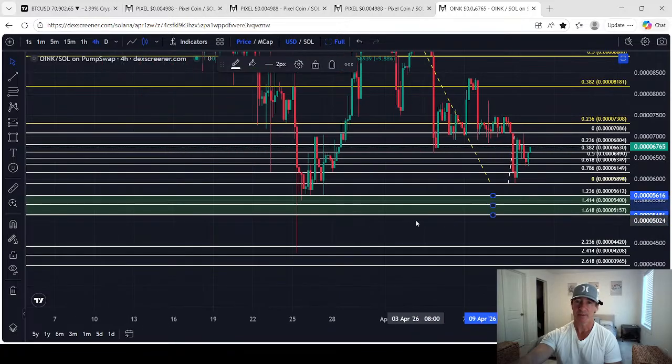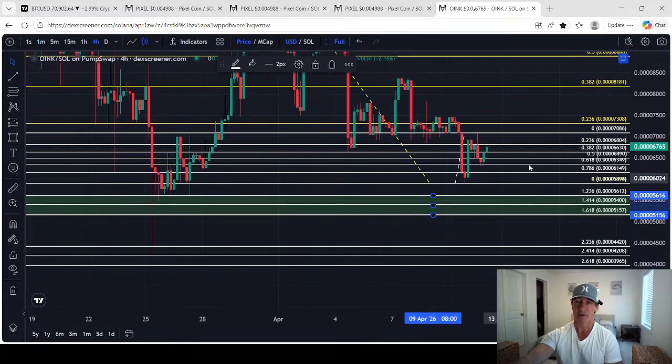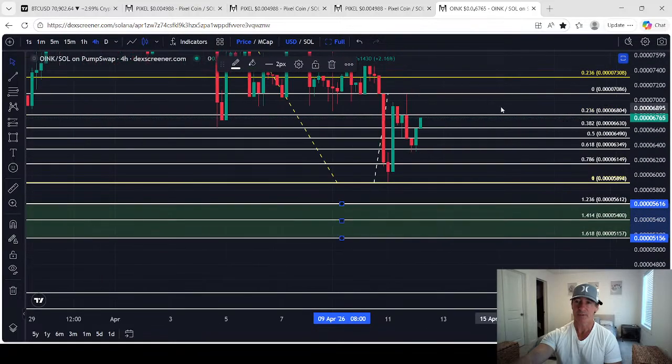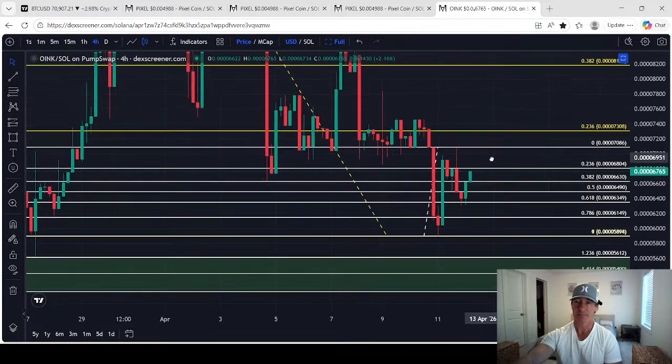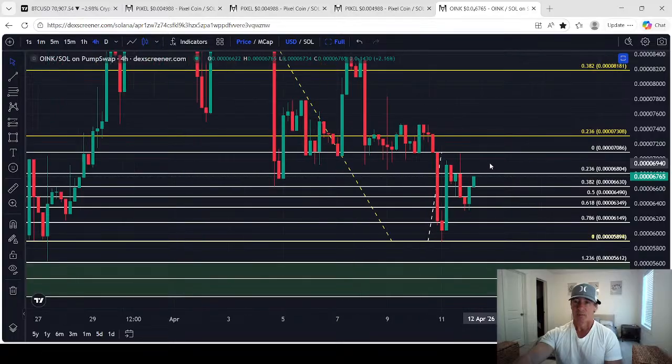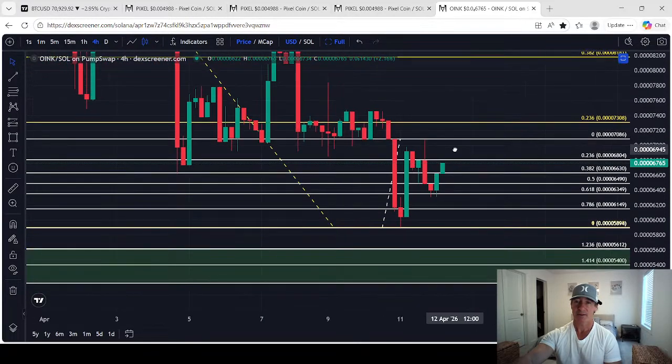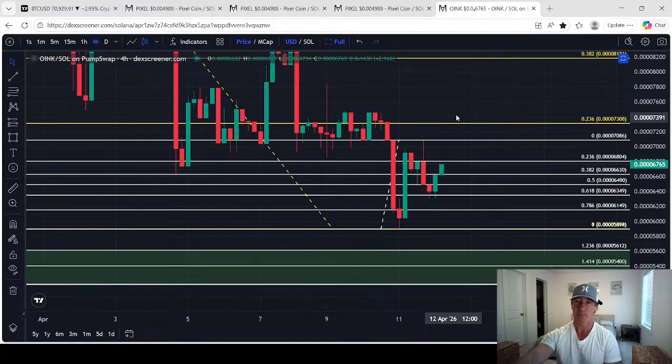So this will be the next target if we don't break this high. We'll find resistance at the 236, but that's what I'm looking at right now. So let's see if we can keep pushing up, break this high.